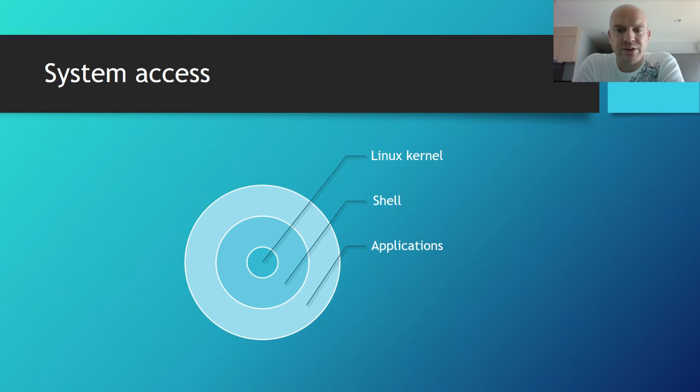And the applications use the shell and the kernel as well. So many times the applications are what you will actually be interfacing with. But before you interface with the application, you will interface through the shell.